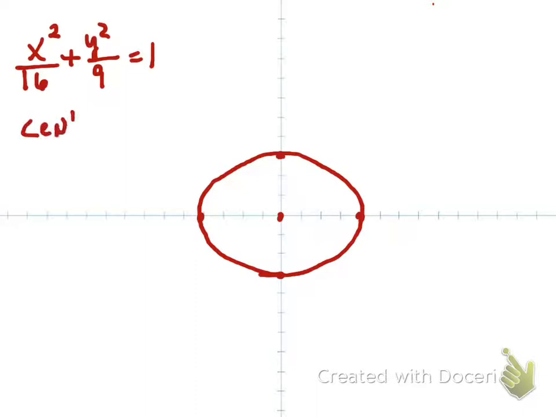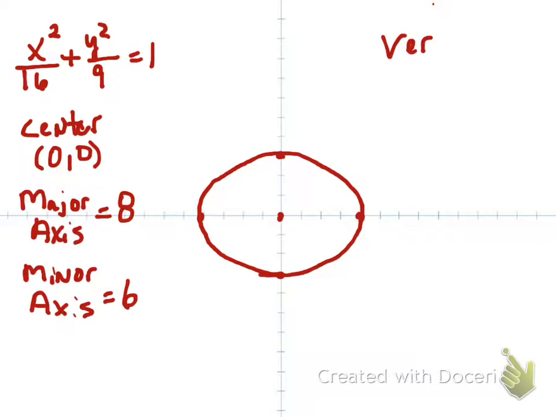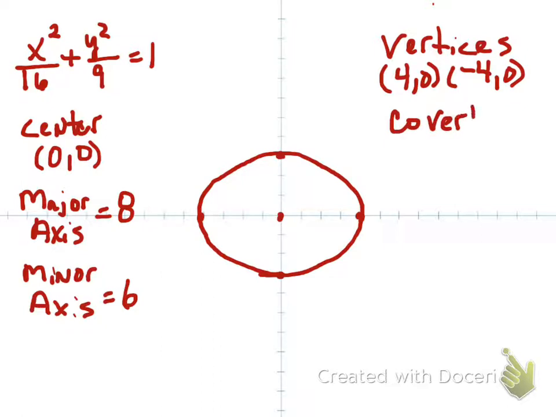So my center is at 0, 0. My major axis is equal to 8. My minor axis will be equal to 6. Okay, vertices. Well, they're at negative 4, 0 and 4, 0. My co-vertices would be at 0, 3 and 0, negative 3.